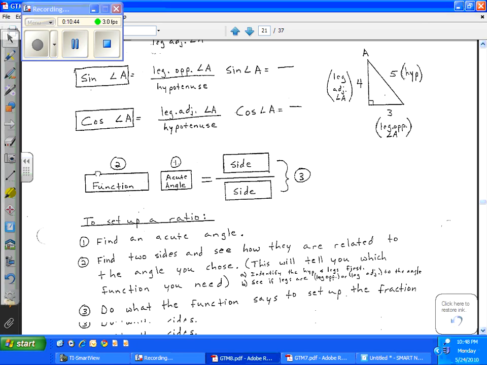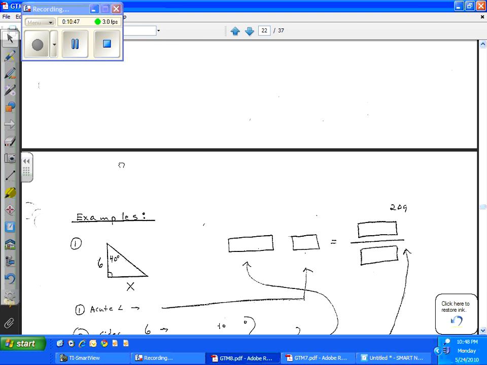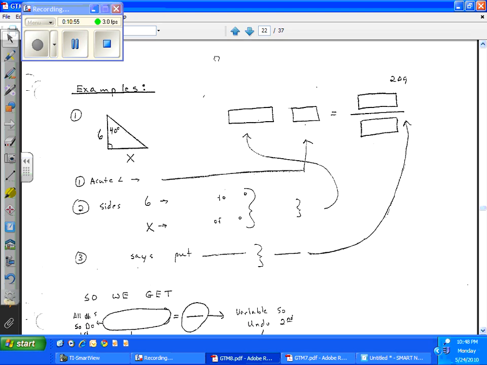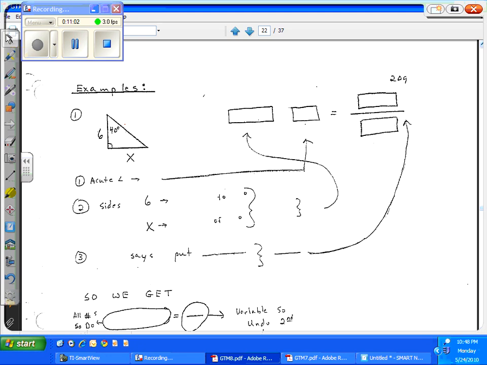so let's do some examples here. Now I know this looks like a big mess, but we're going to try to follow that step 1, 2, 3, 4. Okay, step 1 was to find the acute angle we're talking about. Well, the acute angle that we know is 40 degrees, so we're going to put down our angle first. Our acute angle is 40 degrees.